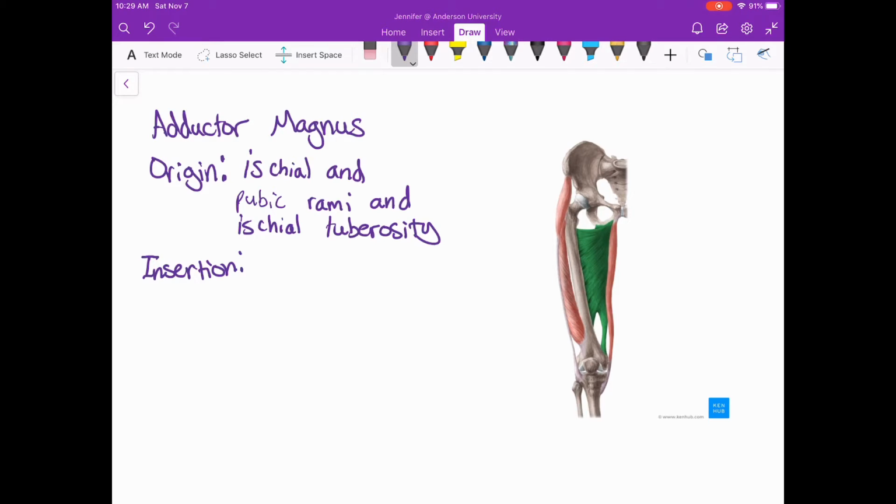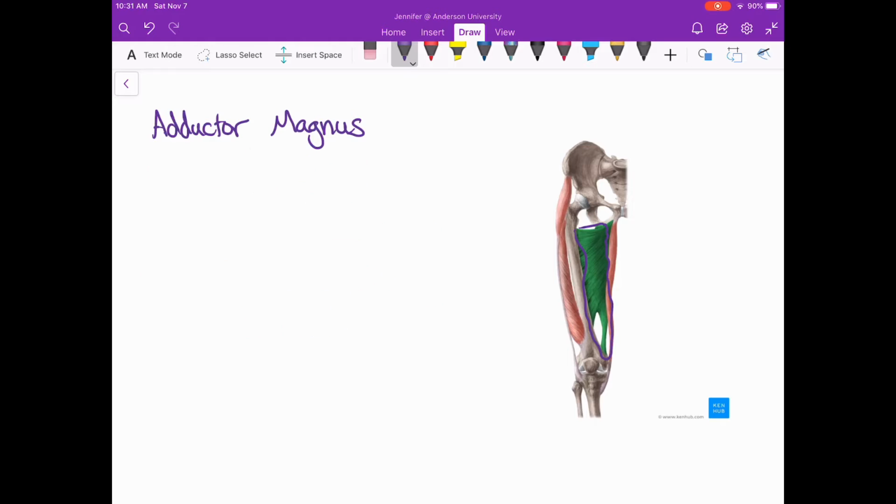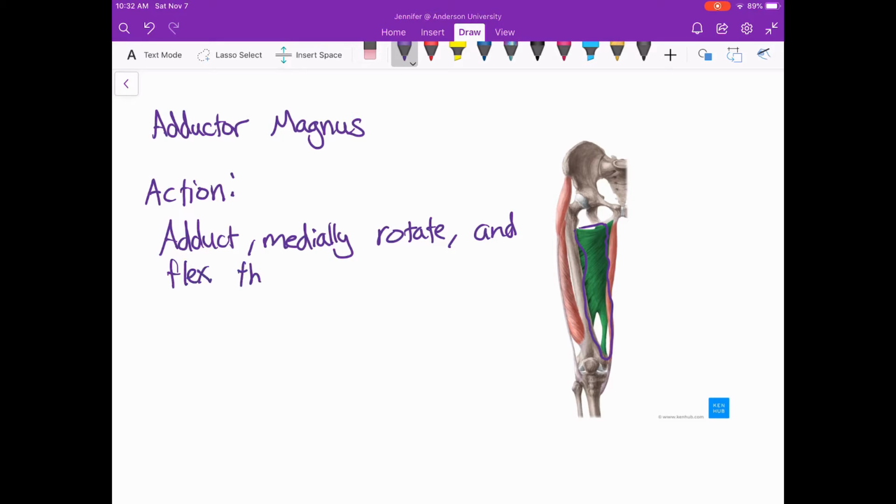The insertion is the linea aspera and adductor tubercle of the femur. So adductor tubercle, that is helpful to remember. The action for this one, it of course adducts, and it also medially rotates and flexes the thigh. It is also a synergist in thigh extension.